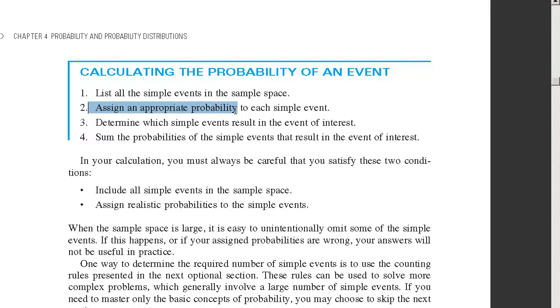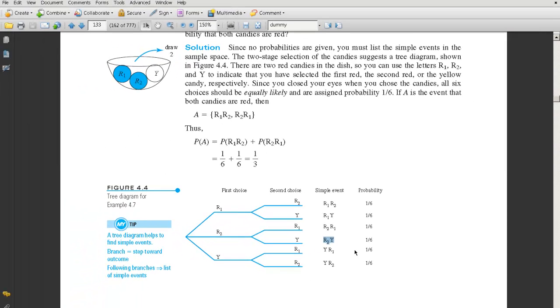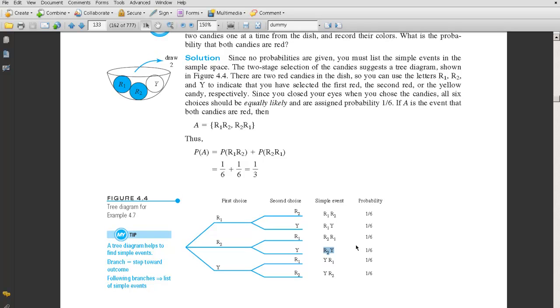Assign an appropriate probability to each simple event. So somehow you need to figure out what is the probability of this, this, this, and so on. Now we said that each one of these was 1/6, but that's because we said something about at random. But it doesn't always have to be that the simple events all have the same probabilities. Not at all. For example, if you don't have a fair coin and you go back and do the other example, you wouldn't necessarily all have the same probabilities.